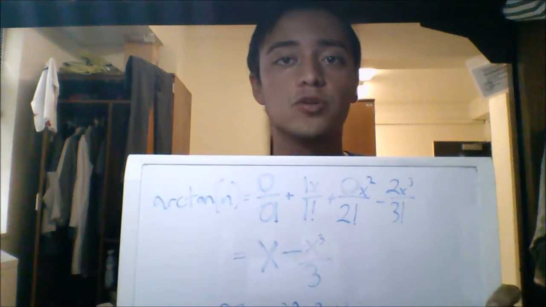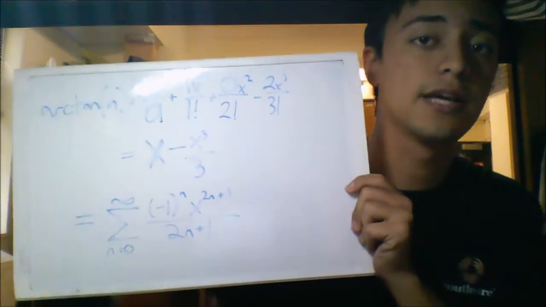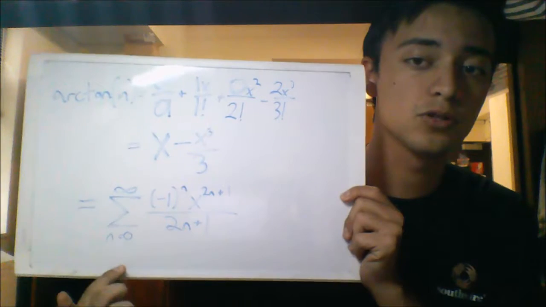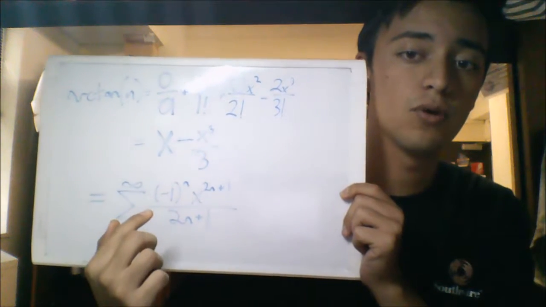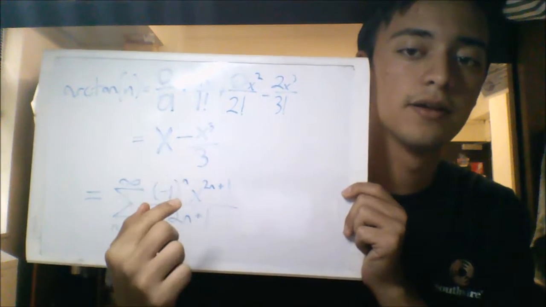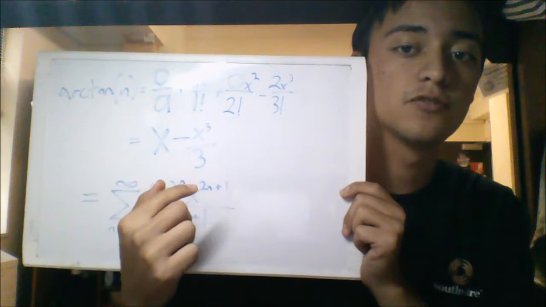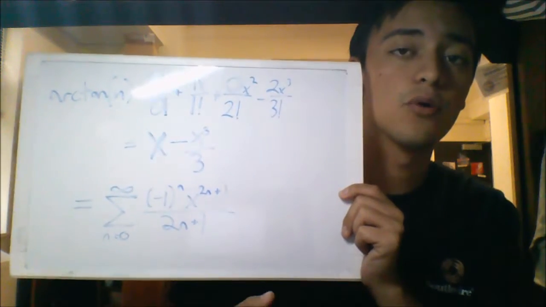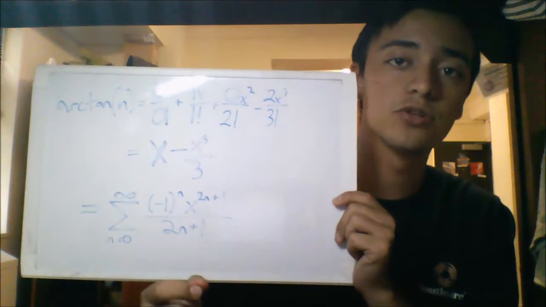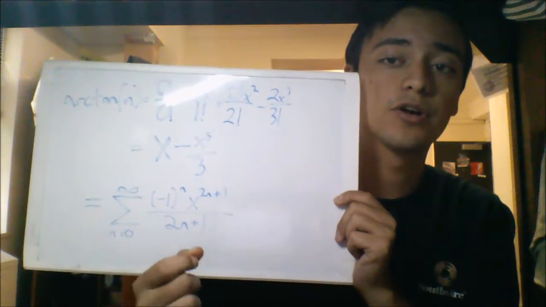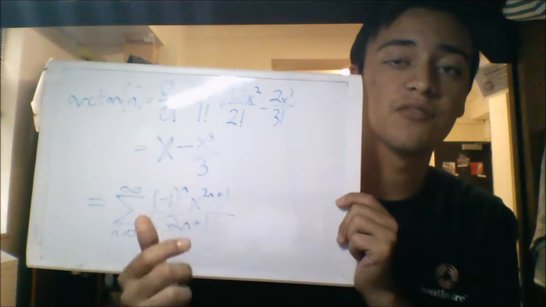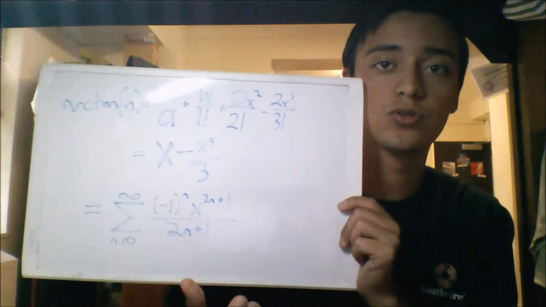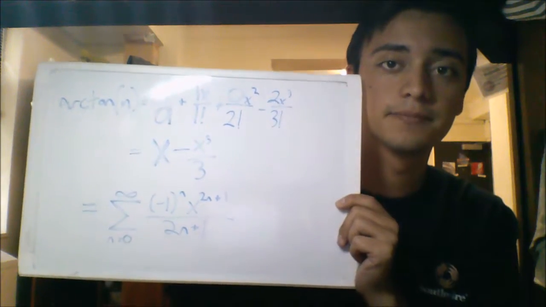So this pattern shows us that the power series for the inverse tangent of n is the summation from n equals 0 to infinity of negative 1 to the power of n times x to the power of 2n plus 1 over 2n plus 1. So using this, we can now move on by using the ratio test to find whether or not the inverse tangent of n converges or not, and that will help us also see what the limit is.